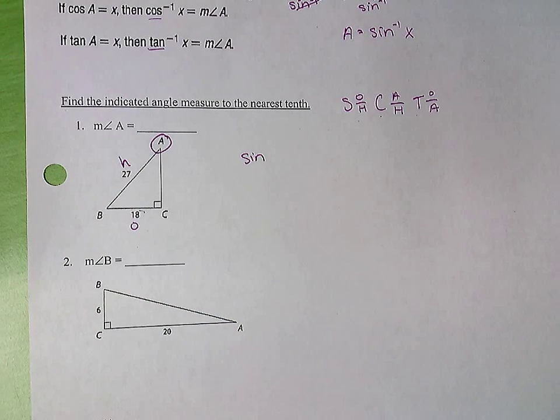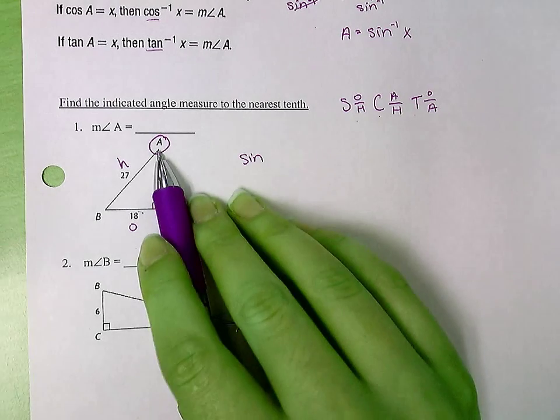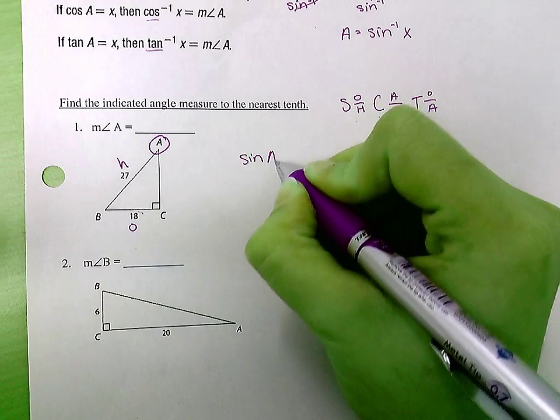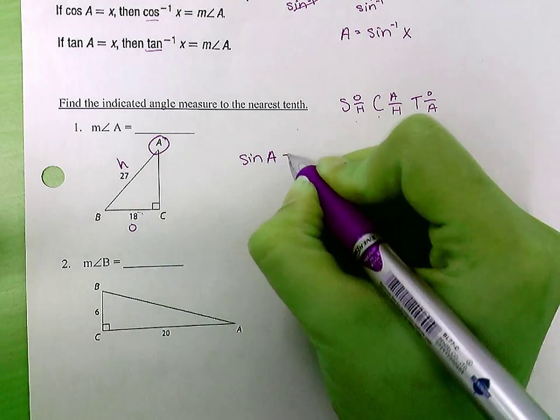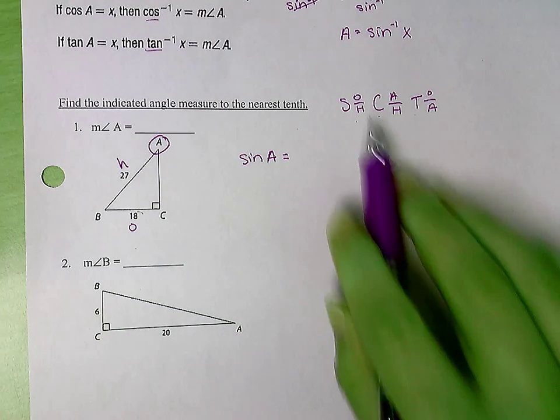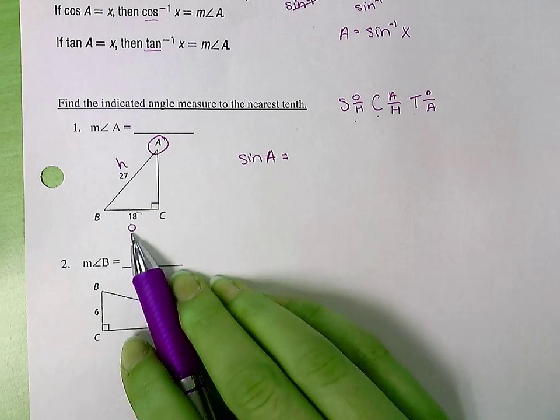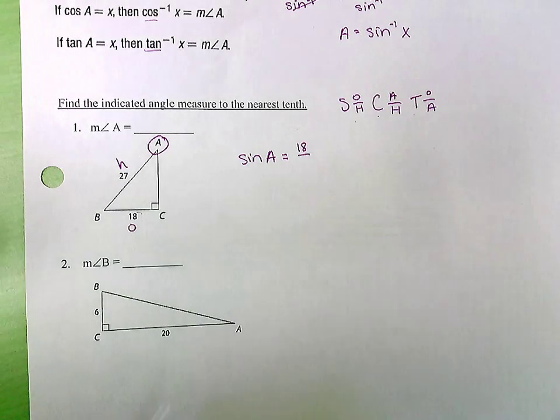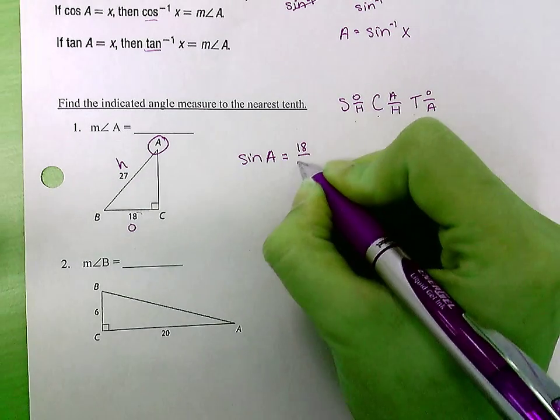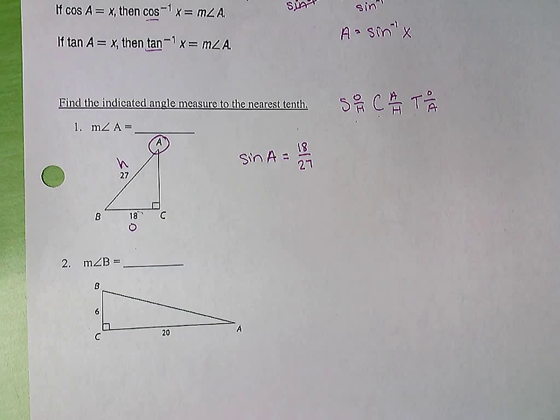I don't know the angle measure, that's my variable, so I'm just going to say sine of angle A is equal to your ratio of sides: the opposite side is 18 over the hypotenuse is 27.